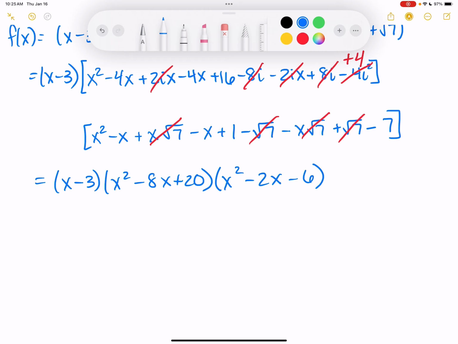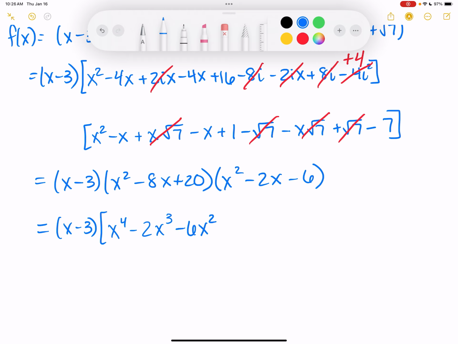Okay. I'm going to again multiply these two bigger things and leave the x minus 3 for last, because this obviously looks a lot easier than all of this. In here, I've got x to the 4th minus 2x cubed minus 6x squared. That was x squared times everything in the second one.